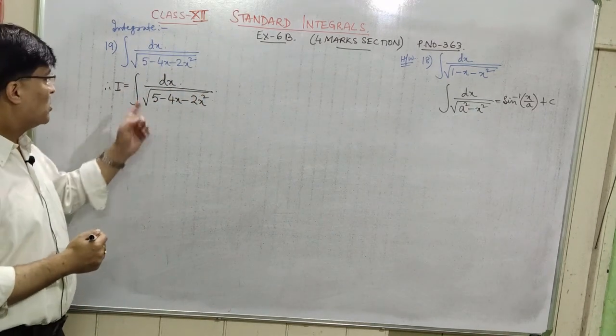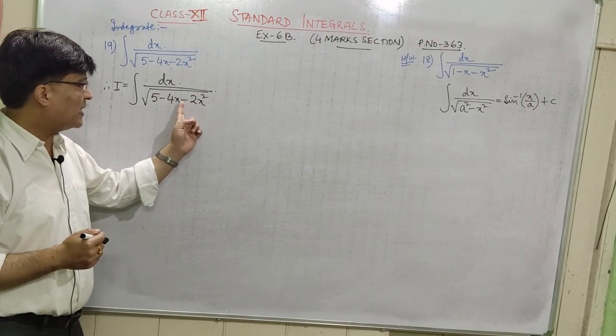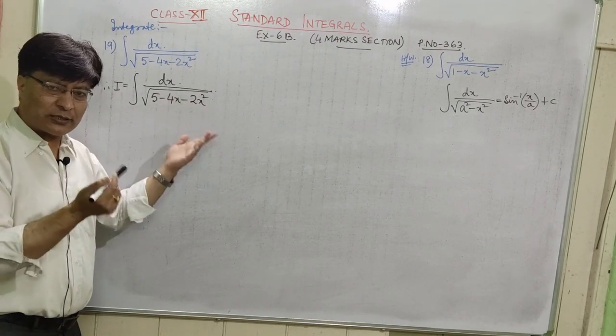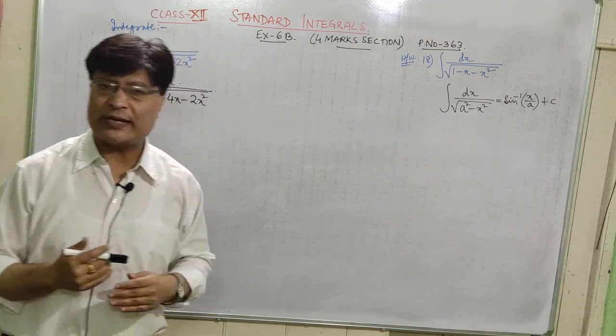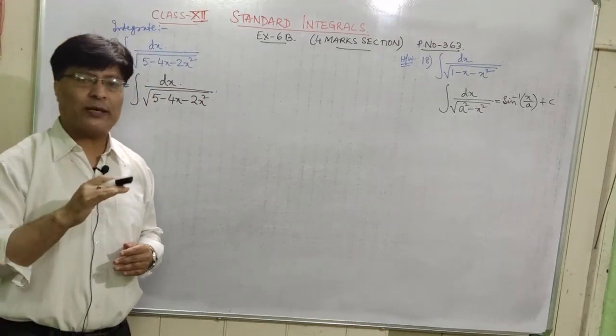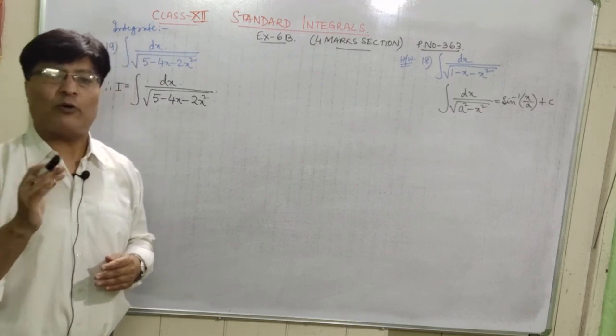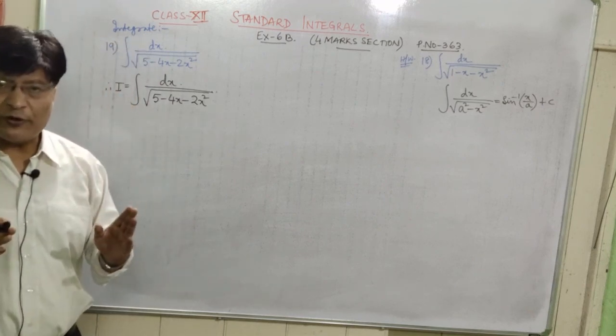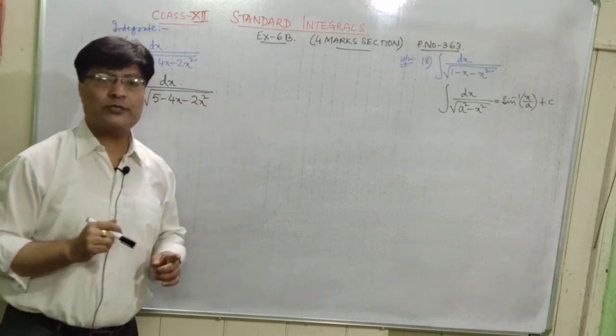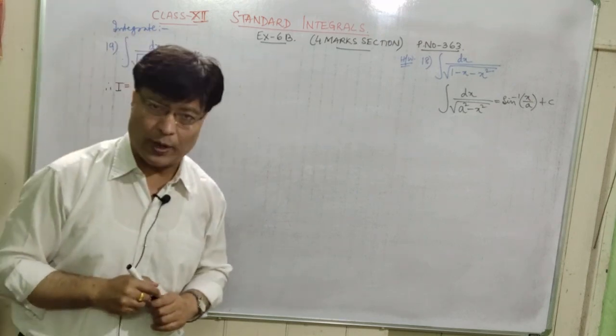Is that clear? So here also the coefficient of x square is negative 2. So let us convert it into standard form first. So before we convert it into standard form, let us convert it into a square plus 2ab plus b square form, or it may be a square minus 2ab plus b square. So before that, always make the coefficient of x square positive 1.